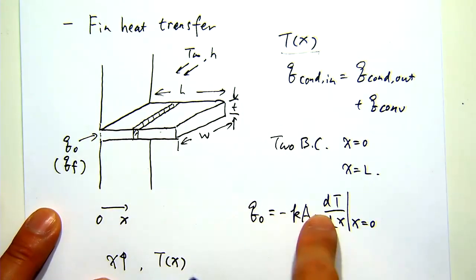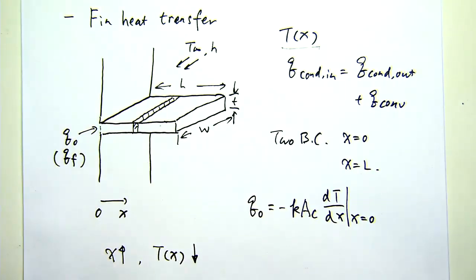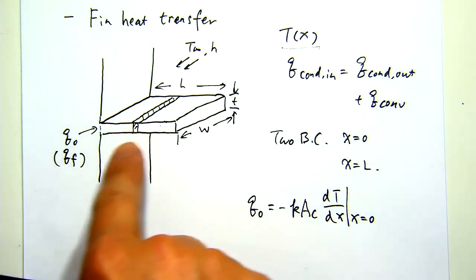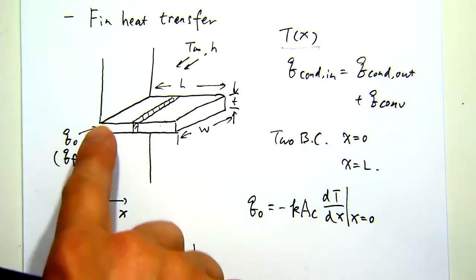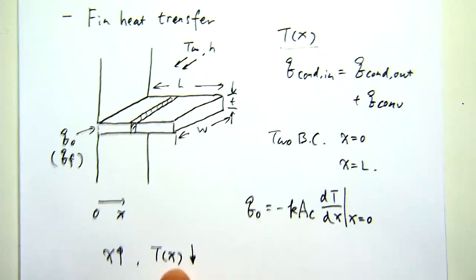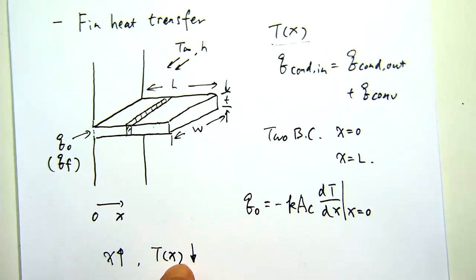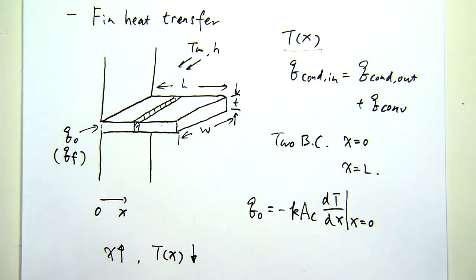Along the x direction, along the fin length, how will the temperature vary? By intuition, that should decrease, right? No way it will increase, because there is no heat being added along the length. All the heat is added from the base, and then you have heat loss along the way. So you may not know the exact function of T(x), but T(x) must be going down. That's something you definitely want to know.